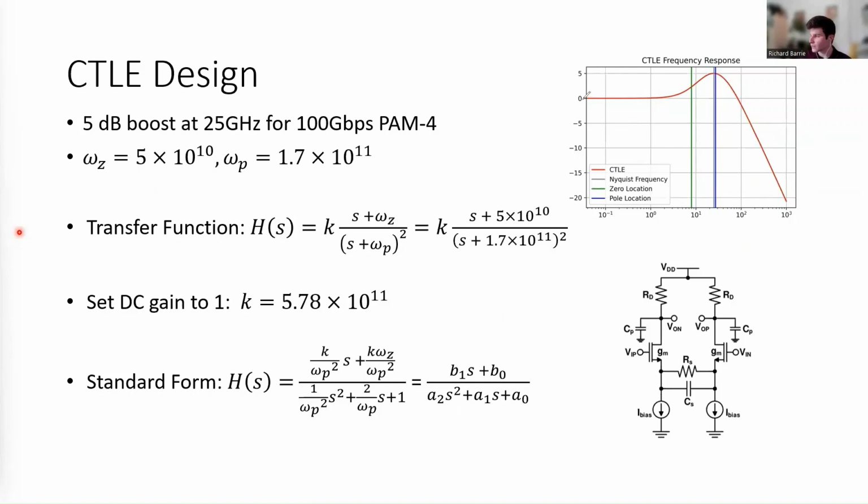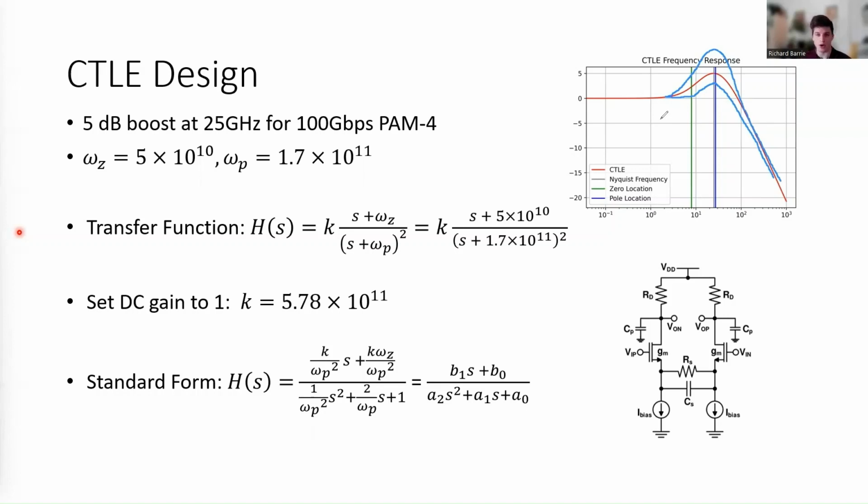That is, we could have this red transfer function, or if we needed less boost at the Nyquist frequency, we could change the frequency response of the CTLE to look something more like this. Or if we needed more boost, we could change it to look something like this. The advantage of this is that now we can set our CTLE to work with our specific channel that we're using.